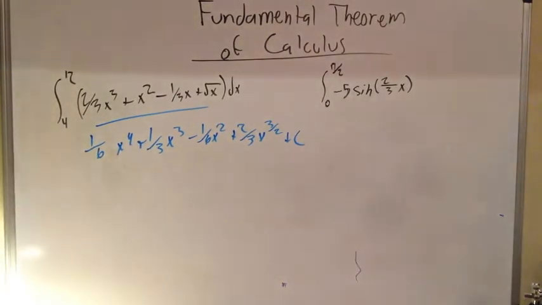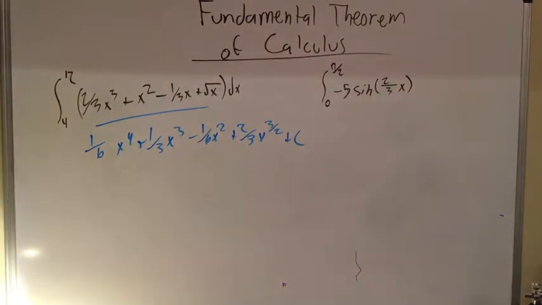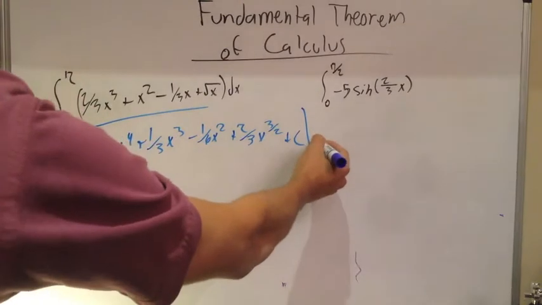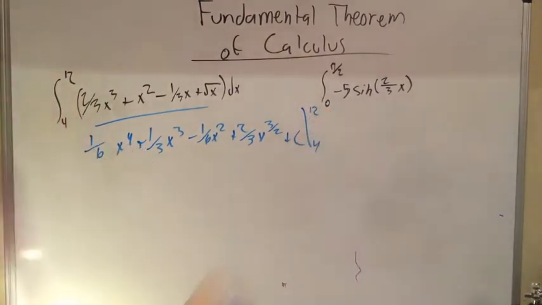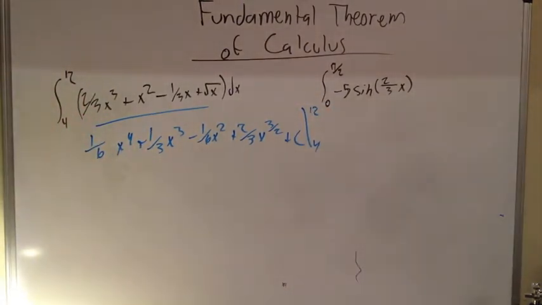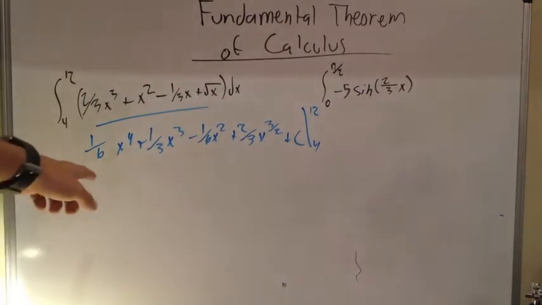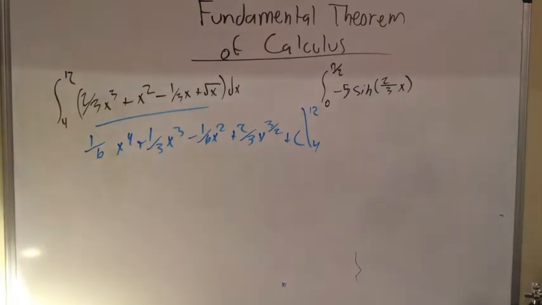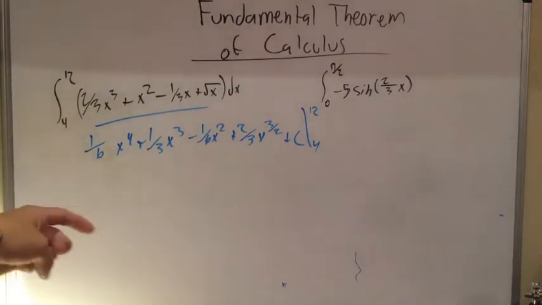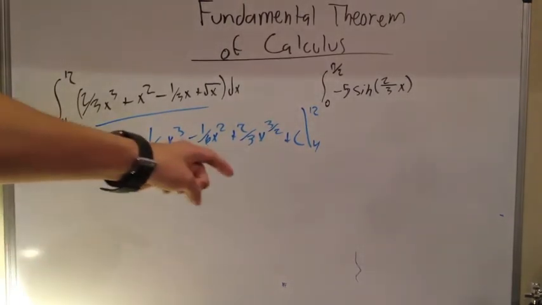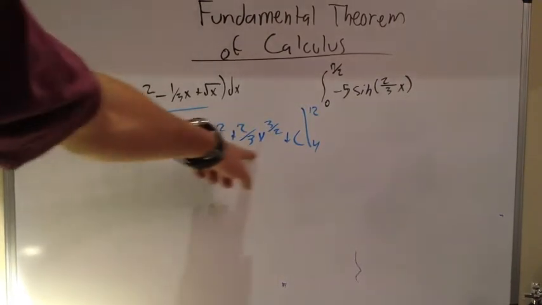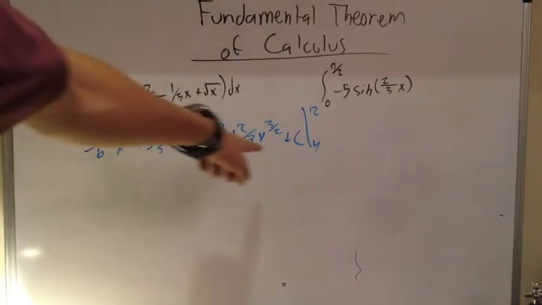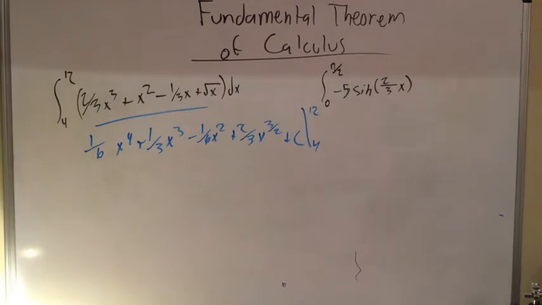But we can assume that c is 0 to make it simple. This will be done from 4 to 12. So you plug in 4 for all the x's here and subtract from that value the value of this whole thing with 12 instead of the x's.